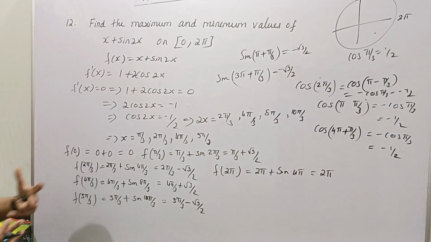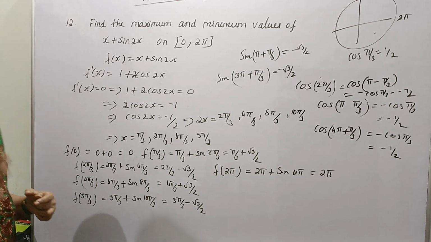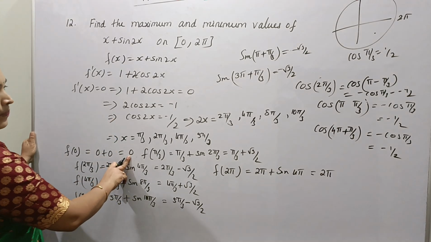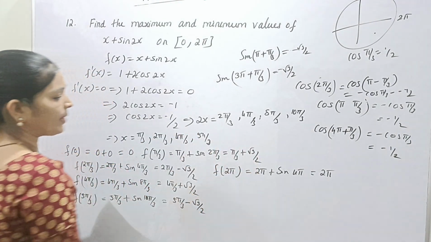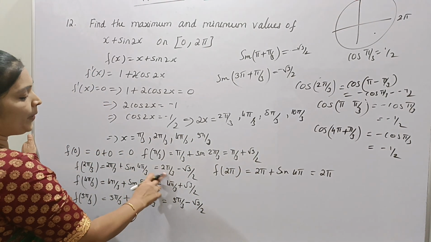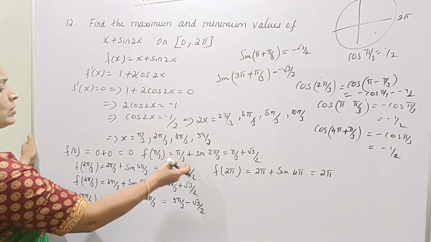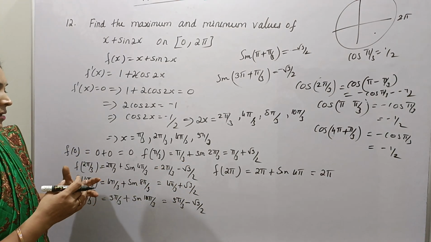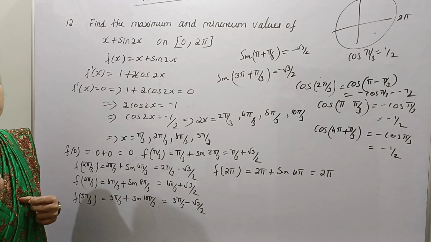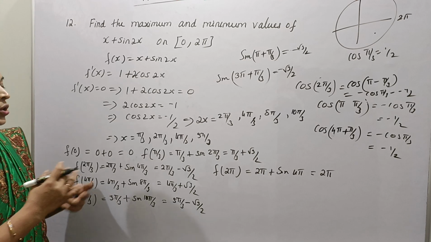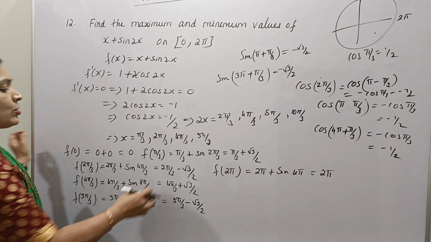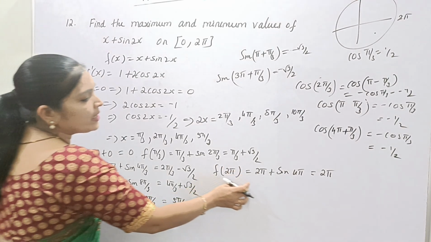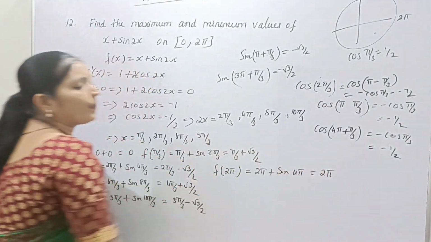So what is the maximum value among these values? We have got 0, pi by 3 plus root 3 by 2, and 2 pi by 3 minus root 3 by 2. These root 3 by 2 values are very small, less than 1. Then we have 4 pi by 3, 5 pi by 3, and one more value, 2 pi.